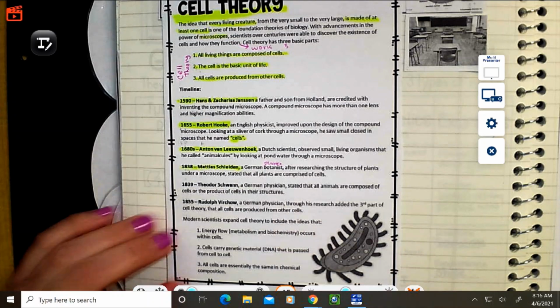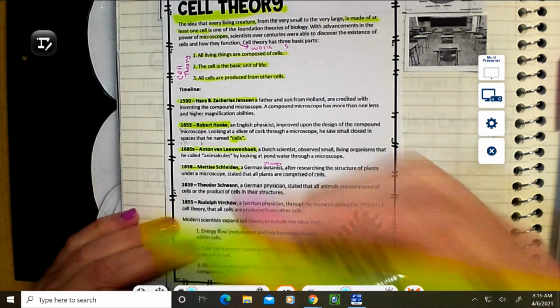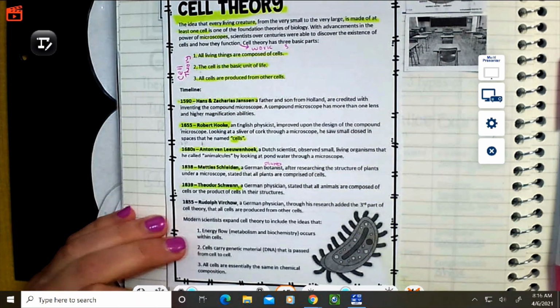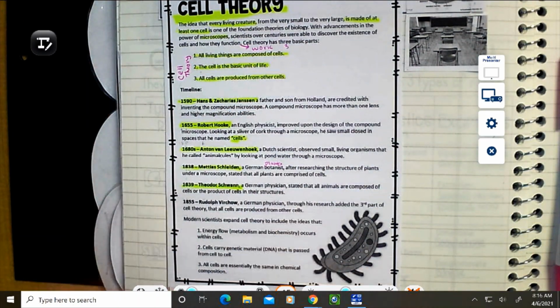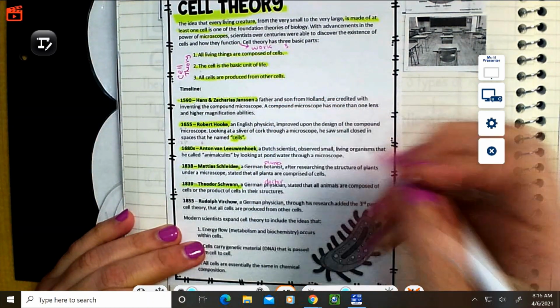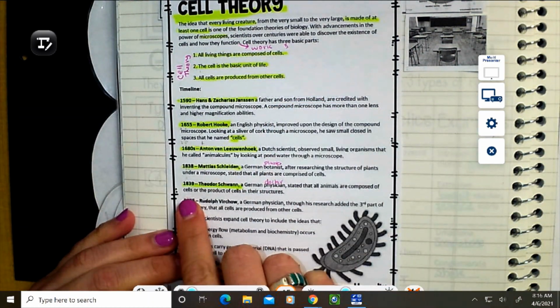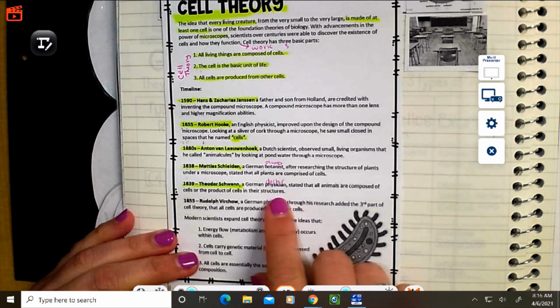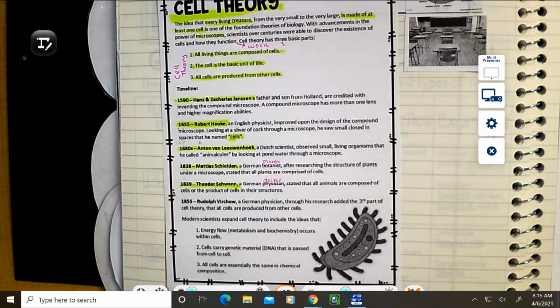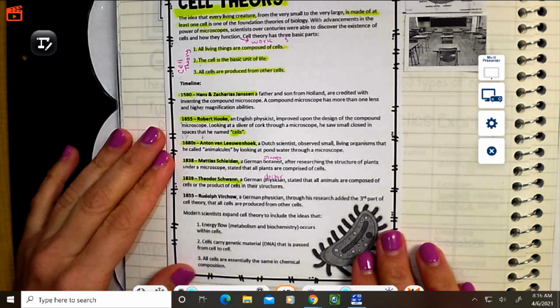So he found that to be true about plants. In 1839, not much later, Theodor Schwann, also a German physician, that means doctor, stated that all animals are composed of cells or the product of cells in their structures. So around the same time, they figured that out about cells, about plants and animals.